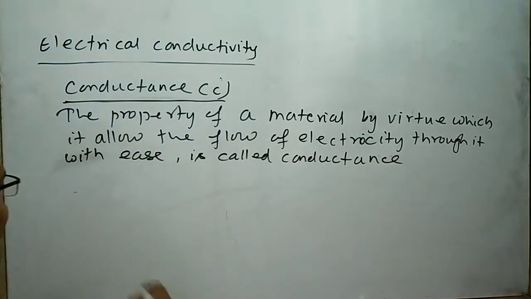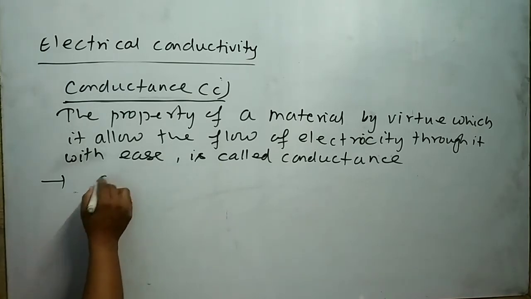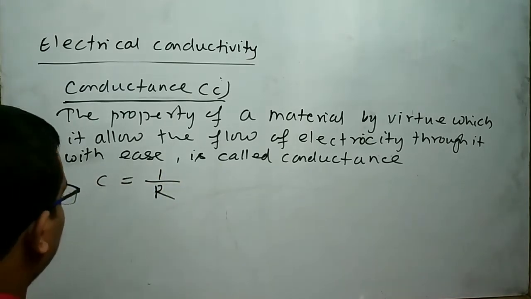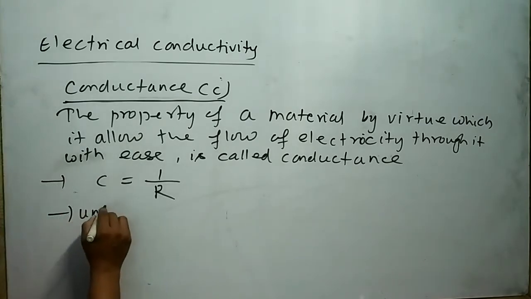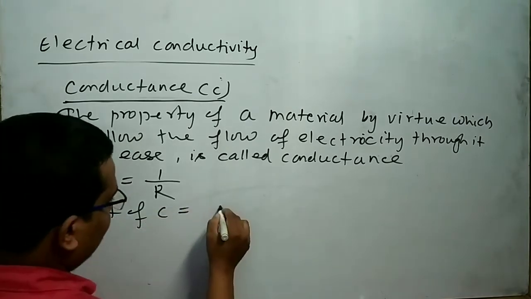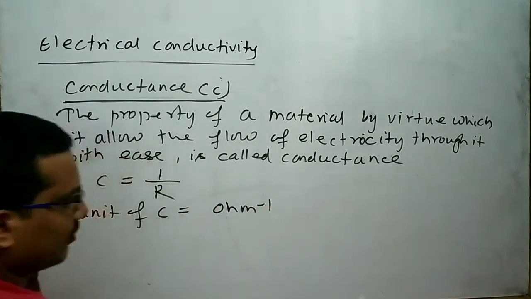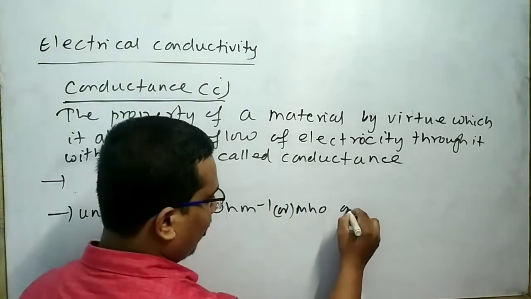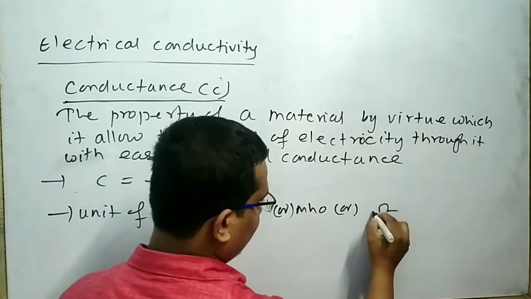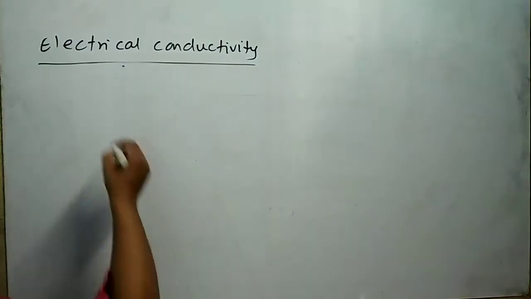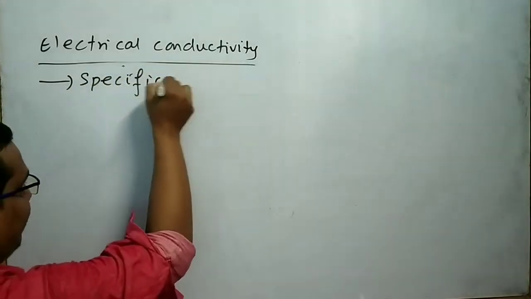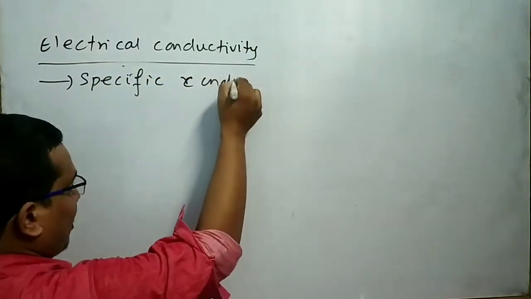Conductance is the reciprocal of resistance. So we can write conductance is equal to 1 by resistance. The unit of conductance is ohm inverse, or you can write mho.